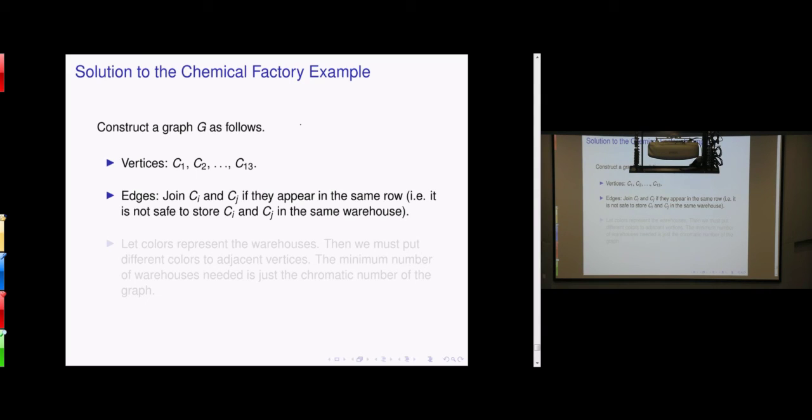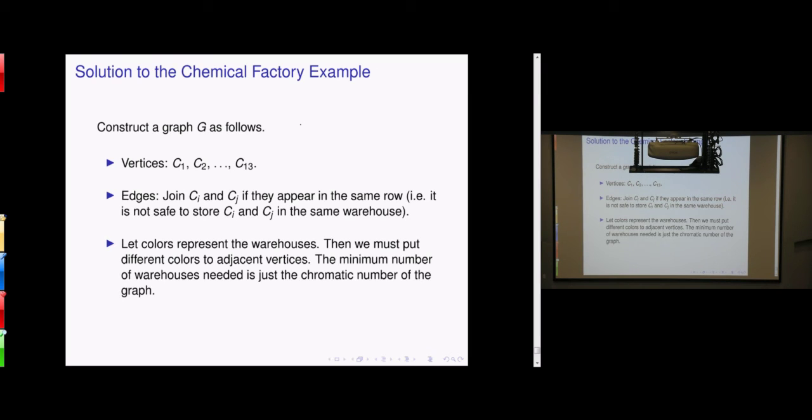Because we want to use colorings, if you connect them, you cannot use the same color. So let colors represent the warehouses. Then we must give different colors to adjacent vertices, because you connect them since they are dangerous to put together. So the minimum number of warehouses needed is just the chromatic number of that graph.